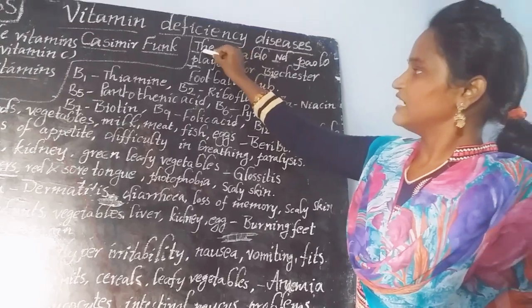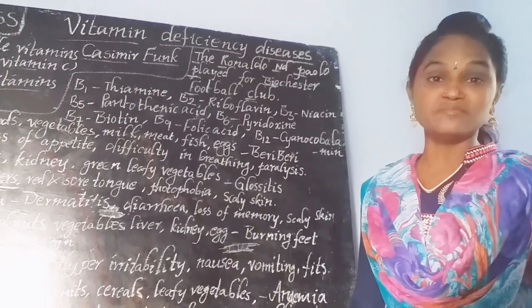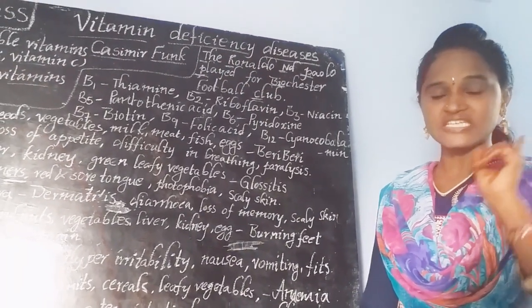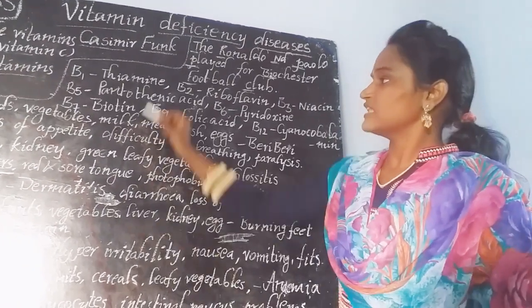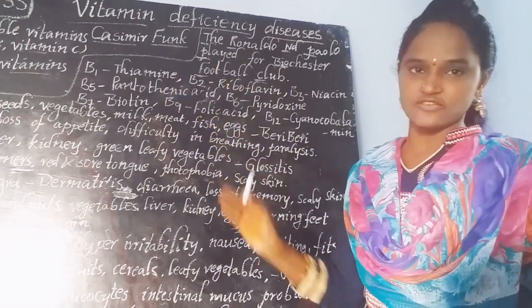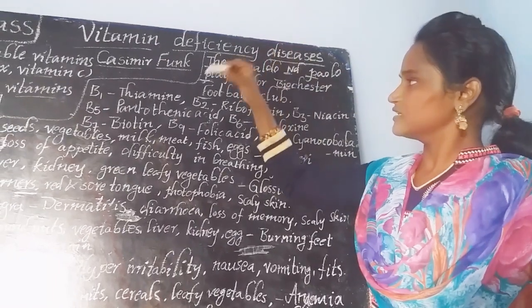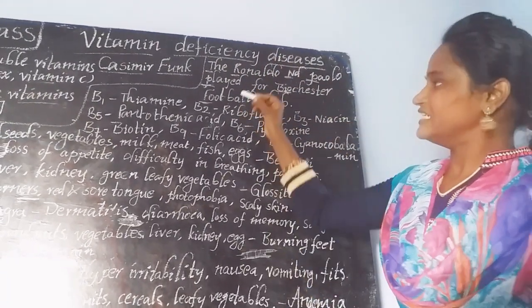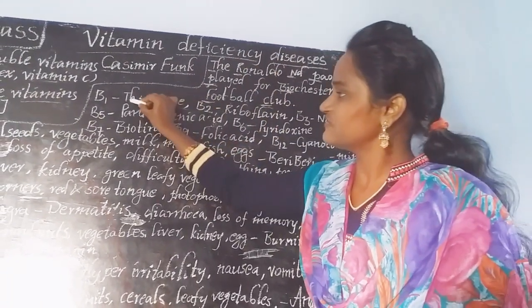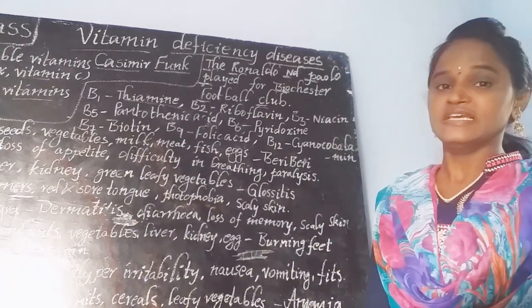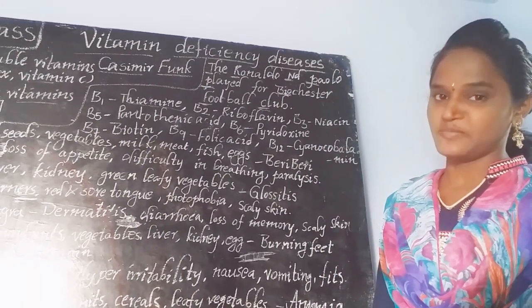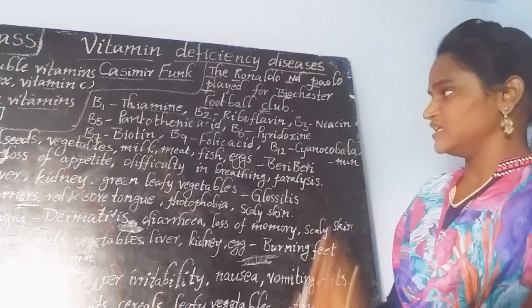Here T indicates vitamin B1. What is the scientific name of vitamin B1? That is thiamine. Whenever you hear the letter T, you have to remember the scientific name of vitamin B1. What is that? Thiamine. B1 for thiamine.